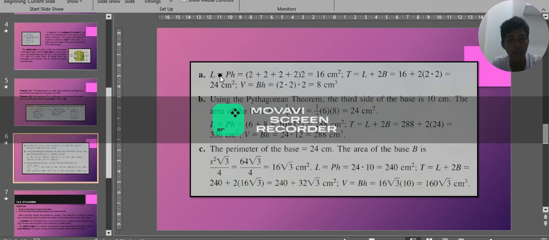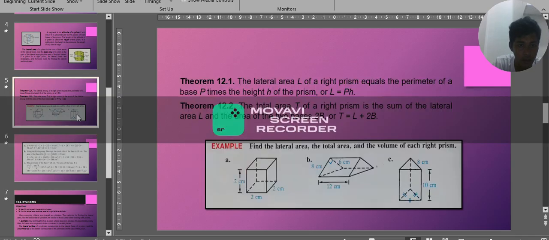The lateral area is equal to the perimeter multiplied by the height. The perimeter is 2 centimeters, if I'm not mistaken. The side is 2 centimeters.